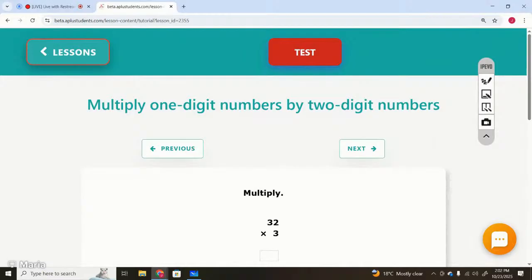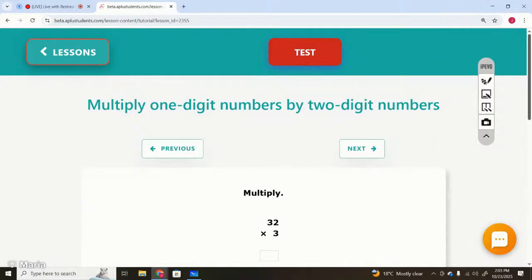Multiply 32 times 3. So we're going to multiply a one digit number by a two digit number. 32 is a two digit number and 3 is the one digit number. So let's just see how do we multiply.